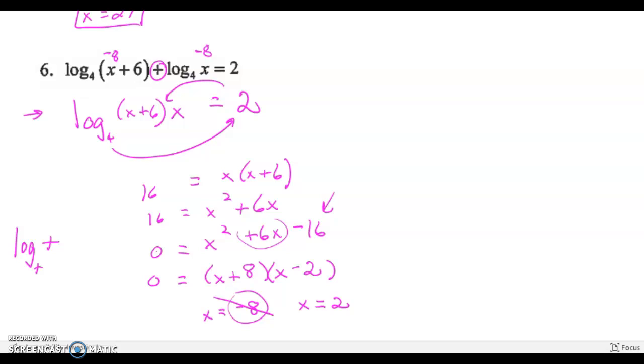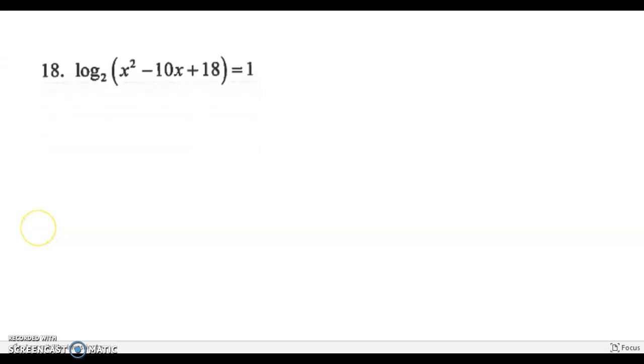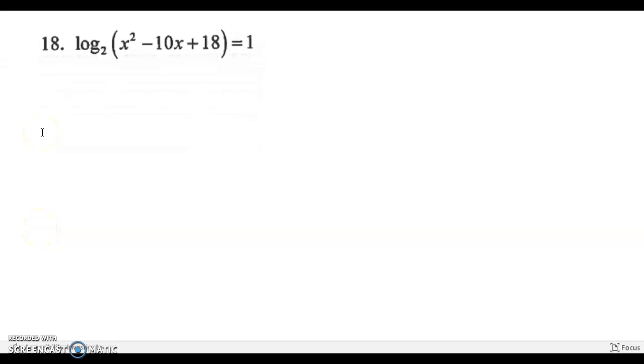So negative 8 is not a good answer. That's extraneous. We're going to cross it out. And positive 2 will be fine. And it will work. We should always check our work by plugging our answers in and making sure we get the correct values. The left-hand side should always equal the right-hand side, but it does work.